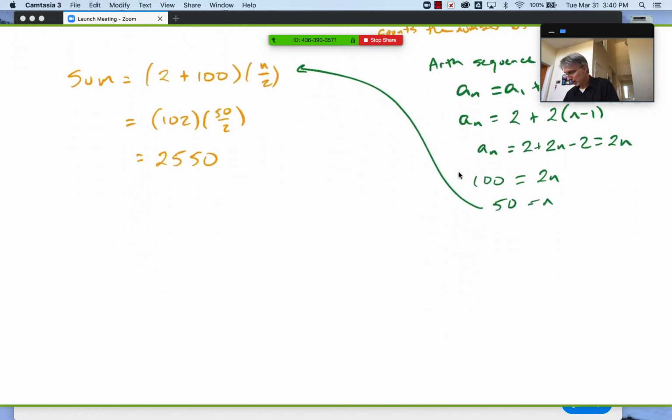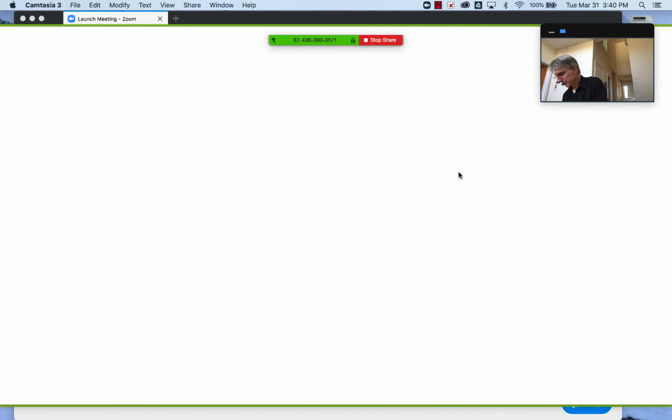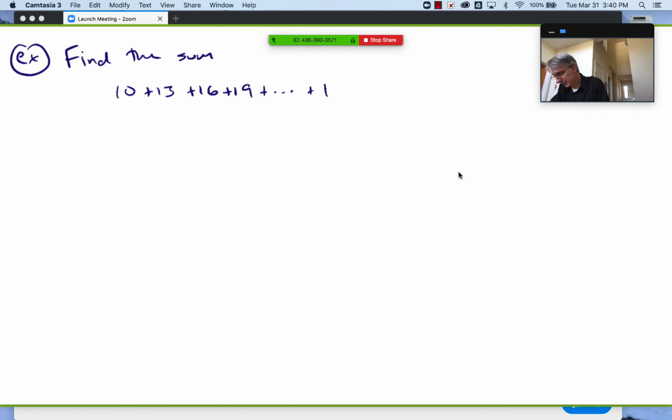Okay, let's work a second example. Same concept. Find the sum. So let's say I've got 10 plus 13 plus 16 plus 19 up to 115.